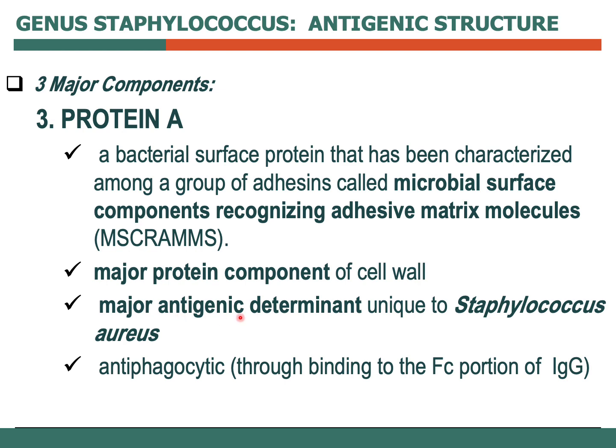It is also the major antigenic determinant unique to Staphylococcus aureus. Protein A is antiphagocytic because it binds to the Fc portion of immunoglobulin G, except for IgG3. You have 4 IgGs, so except for IgG3, your protein A will bind to the Fc portion of those immunoglobulins.